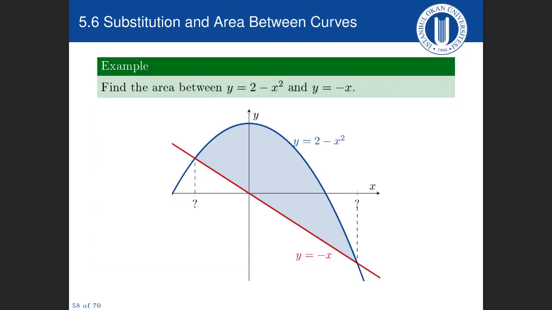Find the area between y is equal to 2 minus x squared and y is equal to minus x. We want to calculate the area which is shaded light blue here. We can see that 2 minus x squared is our bigger function and minus x is our smaller function, but what are our limits of integration? To find our limits of integration, we need to look to see where these two functions intersect.